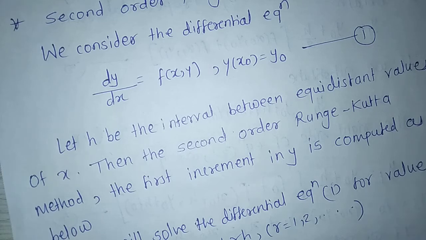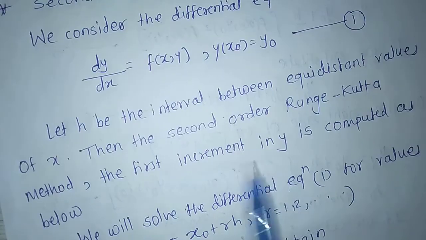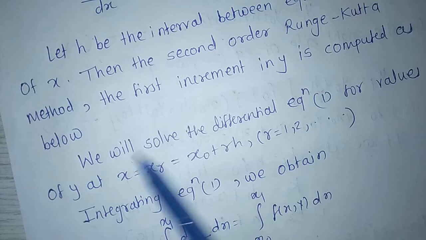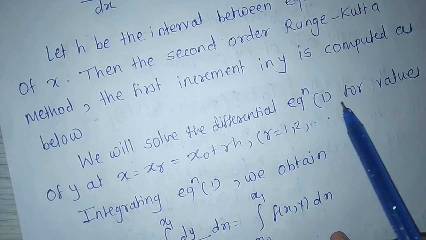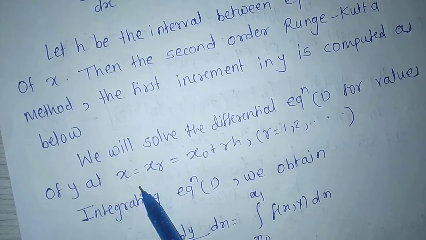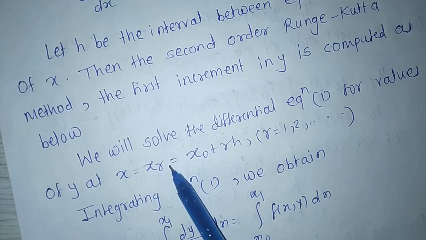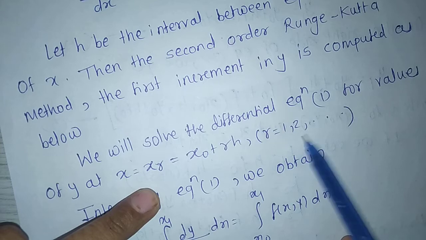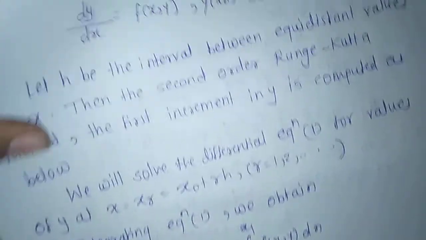Then in the second order Runge-Kutta method, the first increment in y is computed as below. We will solve the differential equation 1 for values of y at x equal to xr, and xr is x naught plus rh, r running from 1, 2 and so on.